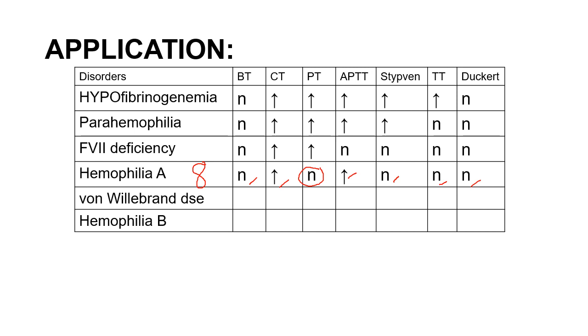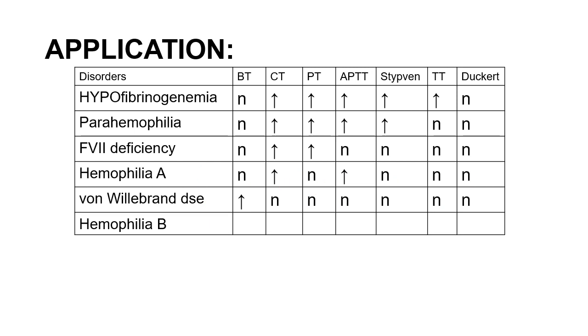Your von Willebrand disease. Von Willebrand disease is an autosomal dominant problem of your factor 8, right? So, tingnan natin ang results. I-analyze natin. Prolong sa BT or bleeding time. Naalala nyo yung discussion natin last time?